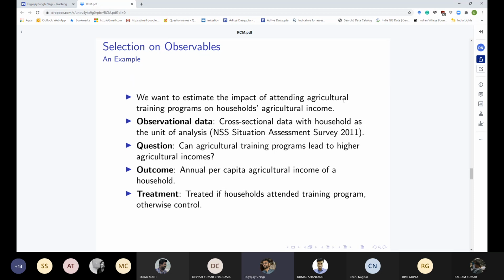By the way, this example that I worked out is from the National Sample Survey Organization Situation Assessment Survey for 2011. And this situation assessment survey was done on farmers. Okay, so this data is mainly for farms in India, agricultural farms, right?